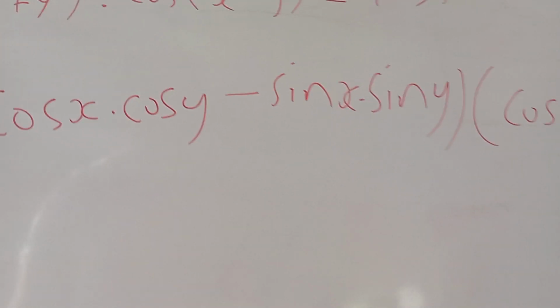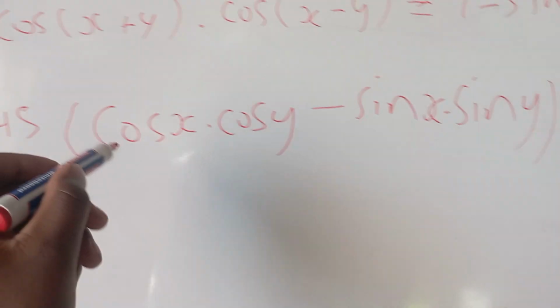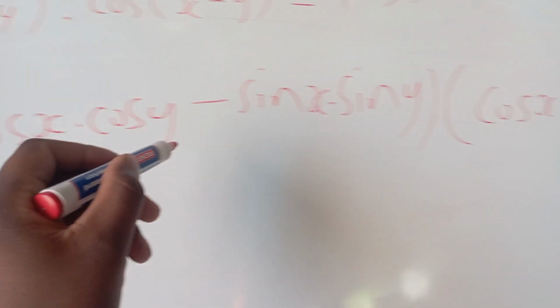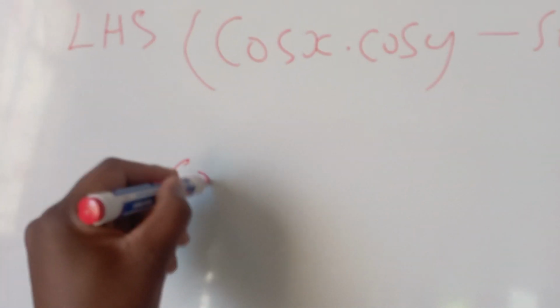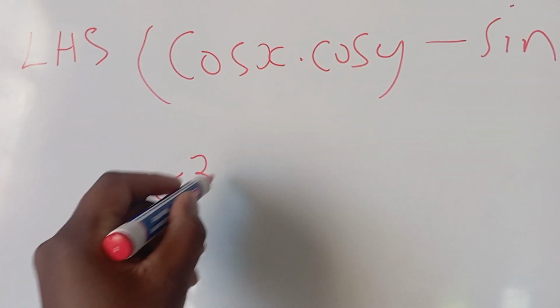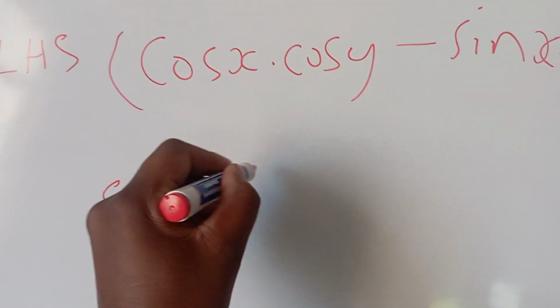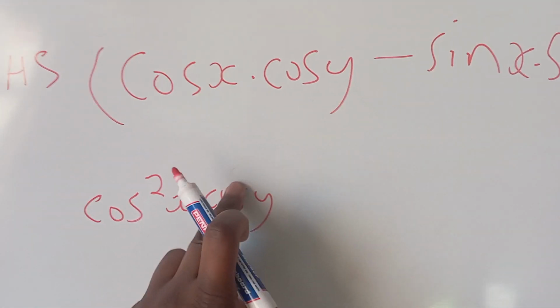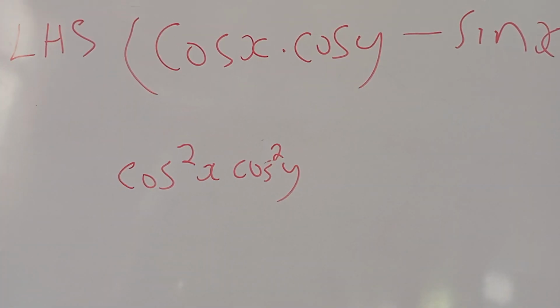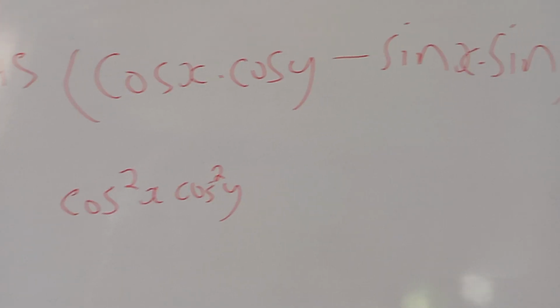So when we have it like this, then we'll multiply the brackets. Cos x cos y times cos x cos y, we get cos squared x cos squared y, right?